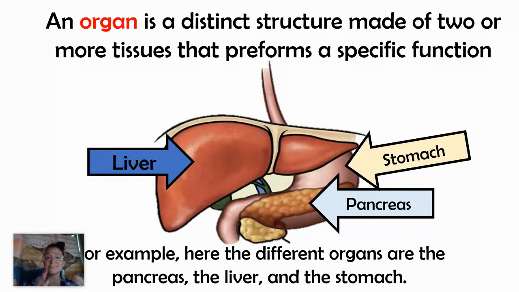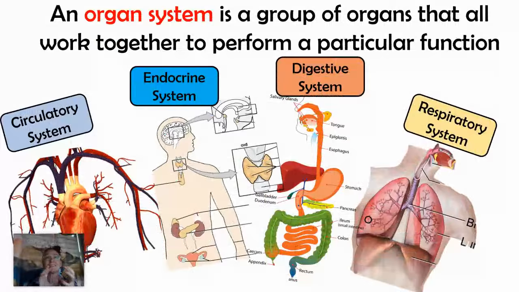The liver and the stomach are all part of the digestive system, which is an organ system. Within an organism, there are multiple organ systems with multiple organs made of multiple types of tissues and all different kinds of cells.